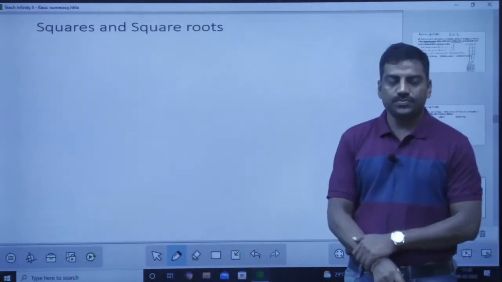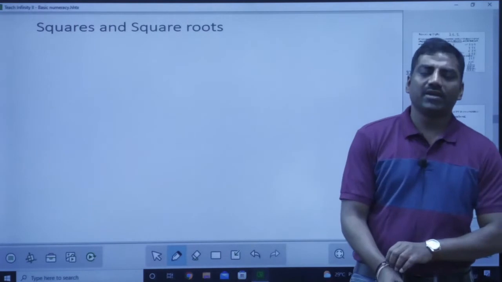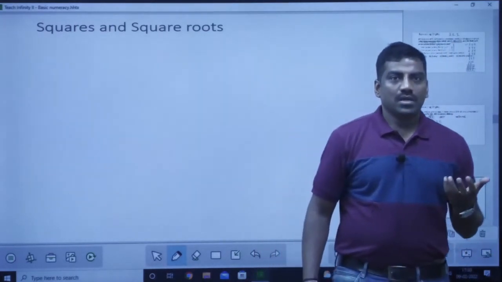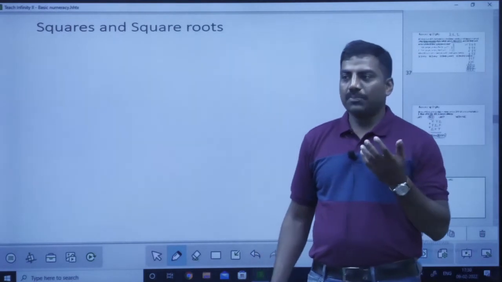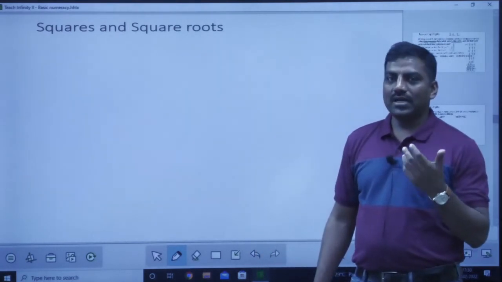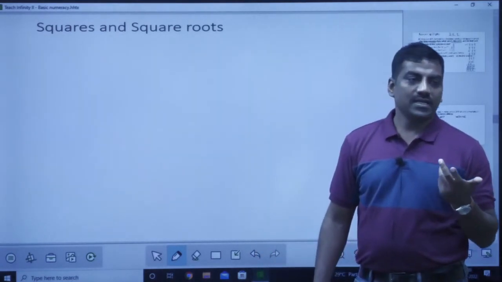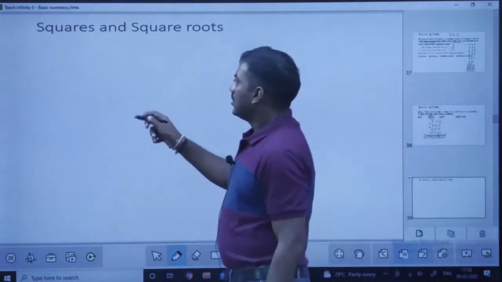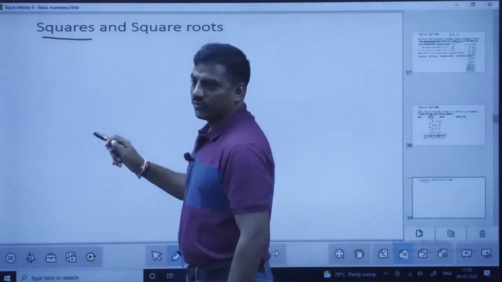Squares and square roots. These are again very important and application oriented. The numbers, for example, squares.